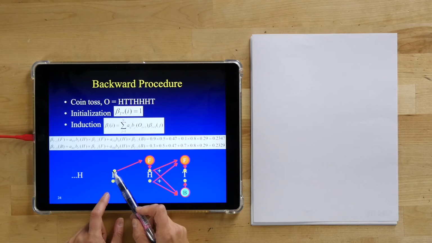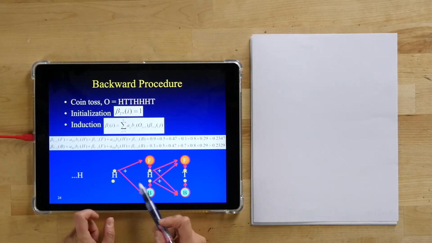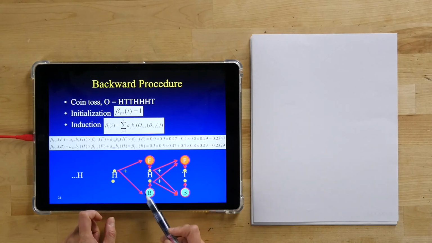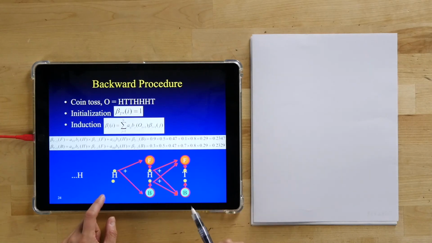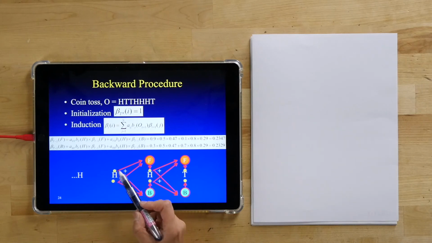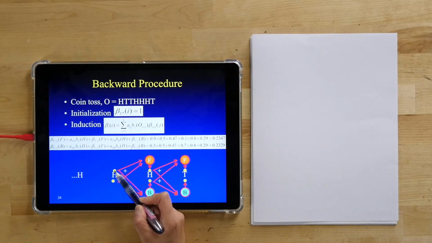Or I can use this fair coin to go to a biased coin. Using that biased coin, I can also flip a head, and then I will inherit this yellow dot to get all the previous numbers. And so you sum over this, right? So that's the new beta t minus 2 for fair coin.